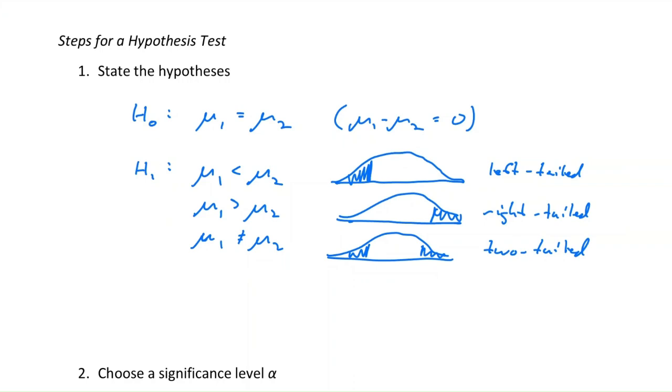And the t-table only has positive values. So it really doesn't matter which side we're on. We're really just looking at almost an absolute value idea, where we look at the area regardless of which side it happens to be on, and we're just looking at a positive value.